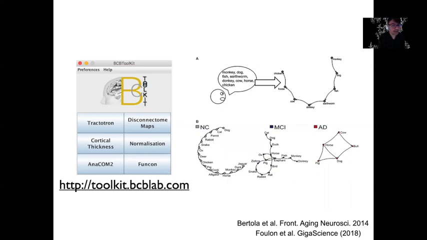You can create maps of disconnection, which is more like the holistic vision, where you will look at the probability of disconnection on the surface of the brain and relate it with functional activations. And we provide a way to register the brain to the MNI space that we call normalization, just because people ask us for it.